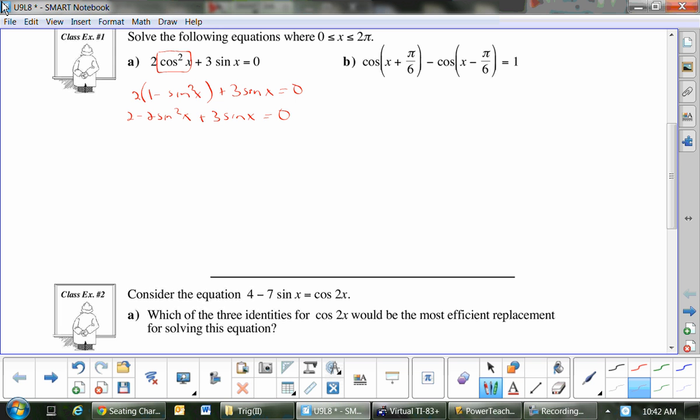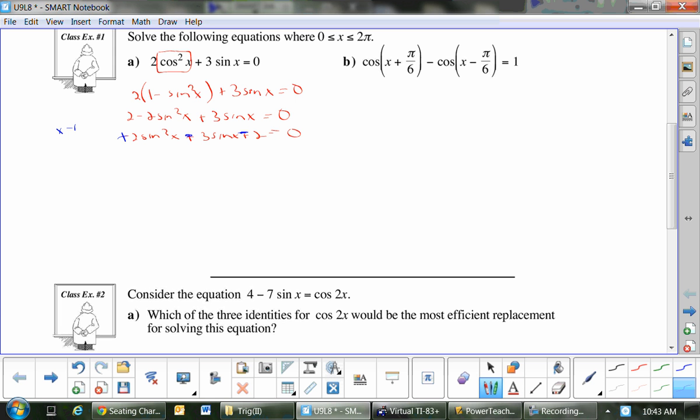Now I'm just going to get it in order of degree: negative 2 sine squared x plus 3 sine x plus 2 equals 0. And I'm even going to multiply it all by negative 1 because I like this to be positive. So just multiply by negative 1. So now this is positive.